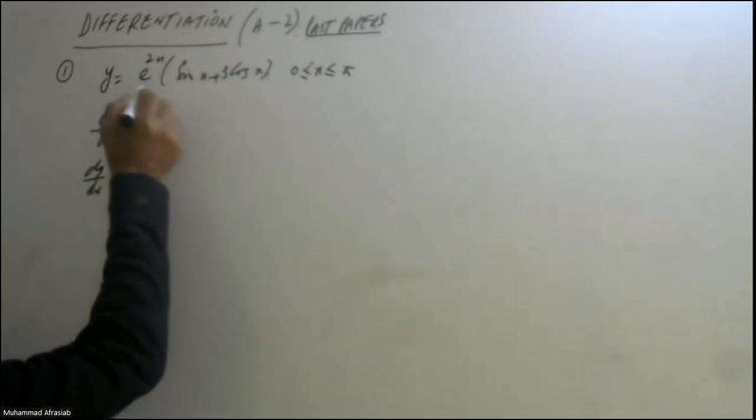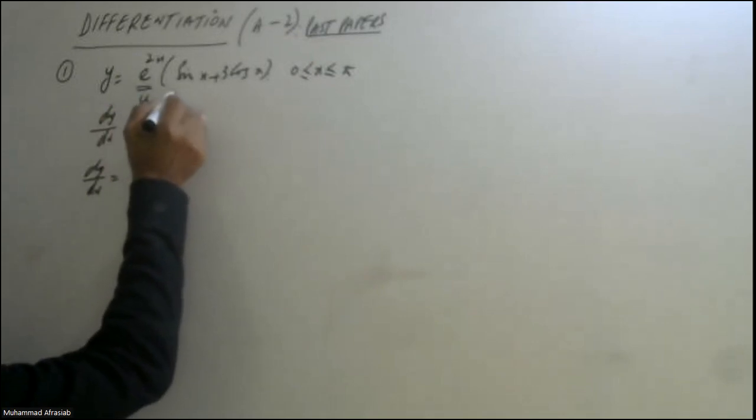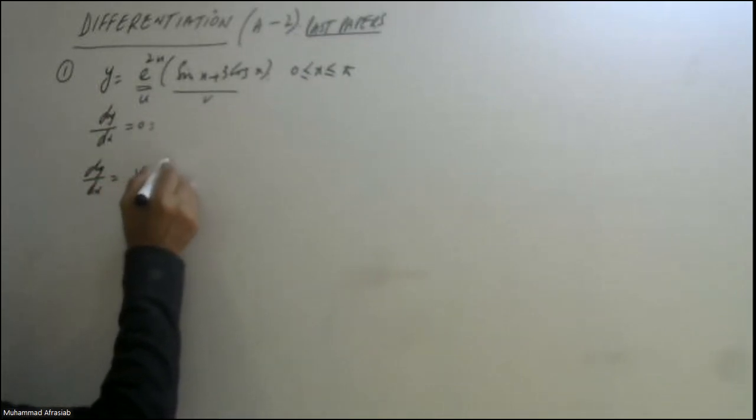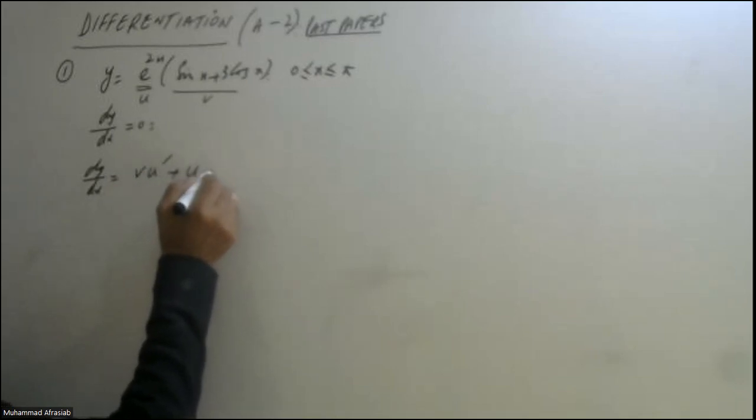It is the product of two different functions, u and v. So the derivative will be equal to v into u derivative plus u into v derivative.